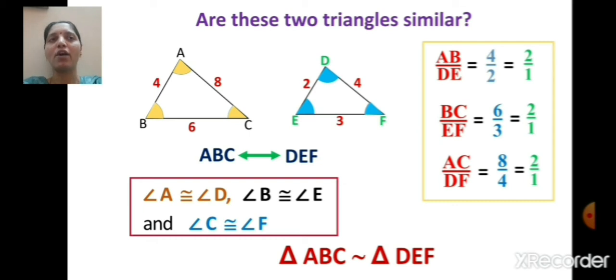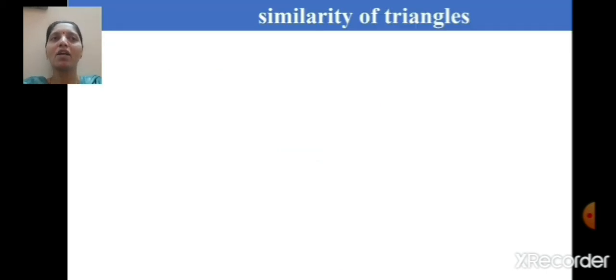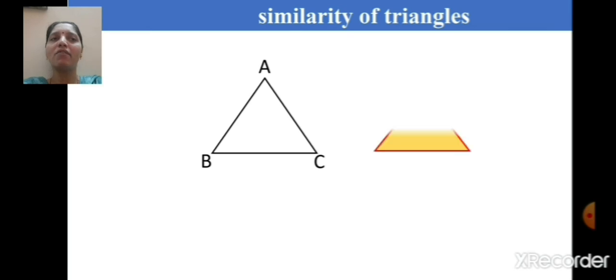Okay, so I hope now everyone is clear with what similar triangles are and how to find the similarity between the triangles. Now we have learned that we have to see the congruency between the angles and the ratio between the corresponding sides.